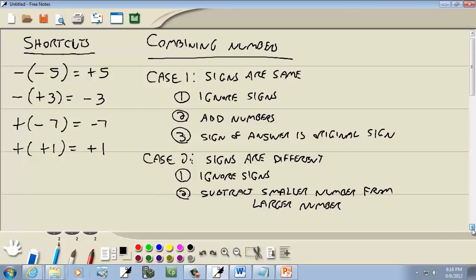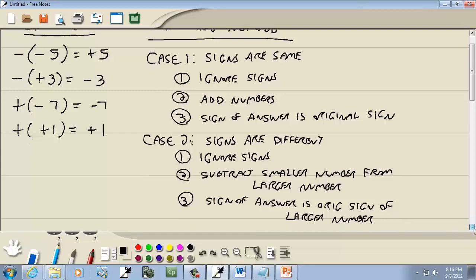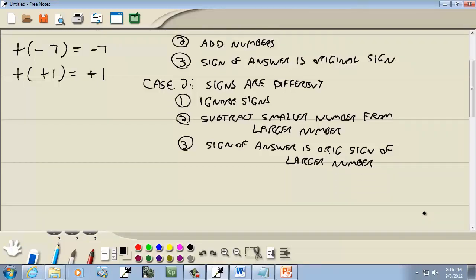So subtract smaller number from larger number. And then 3, sign of the answer is the original sign of the larger number. And we're going to use those in working these first problems.